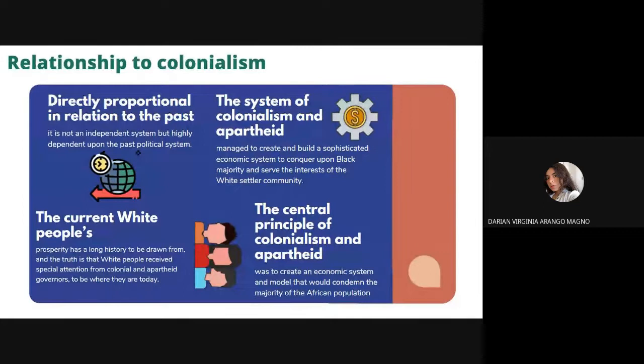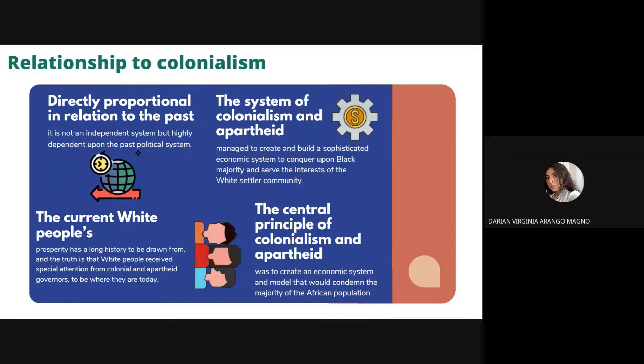In other words, it is not an independent system, but depends to a large extent on the past political system. So, the system of colonialism and apartheid succeeded in creating and building a sophisticated economic system to conquer the black majority and serve the interests of the white settled community.